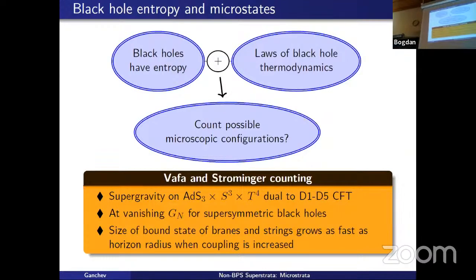And because of supersymmetry, we believe that this index is preserved as you slowly crank up G_N. So the states that you've counted will remain there. Unfortunately, you don't know what happens to the microstructure.